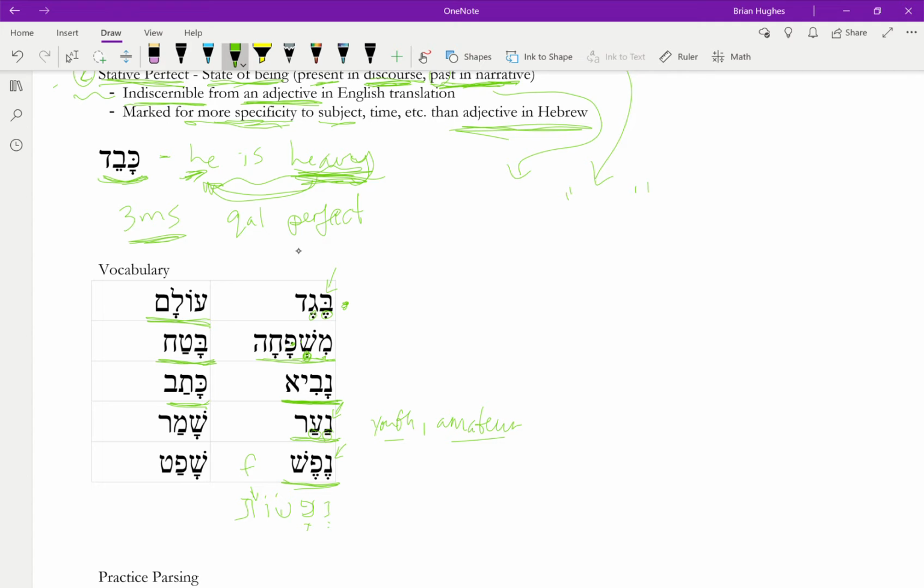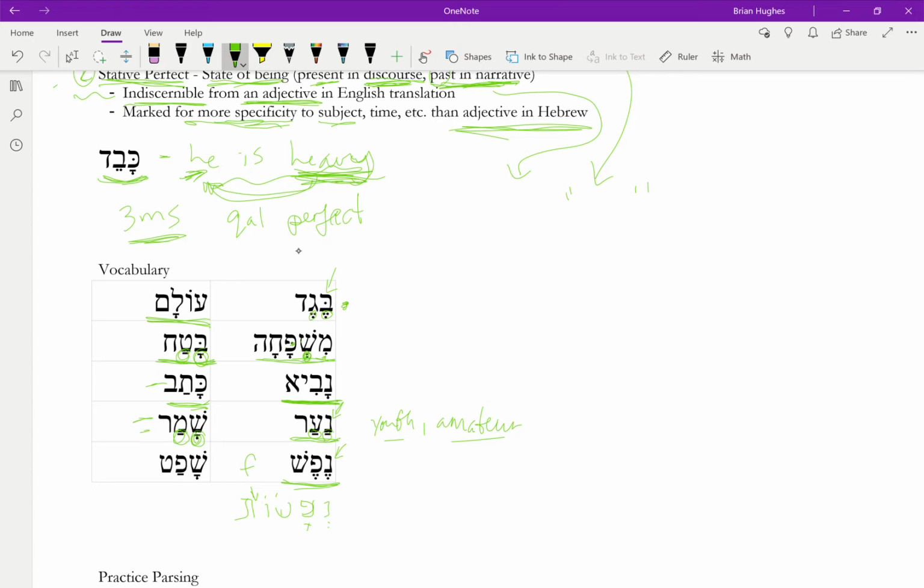Katav is to write. So it's pointed here in the cal perfect. We have the kametz patach underneath this three root. So this could be a verb that you see in a parsing chart. So this is he trusted. He wrote is this one. Shamar, again, we need to learn to recognize, okay, we got three consonants, we got kametz patach pointed under here.